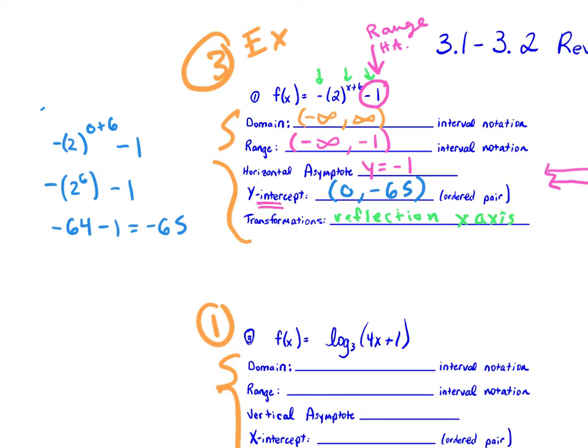What about the +6 next to the x? Shift to the left. Left 6. And then the -1? Down 1. Down 1.